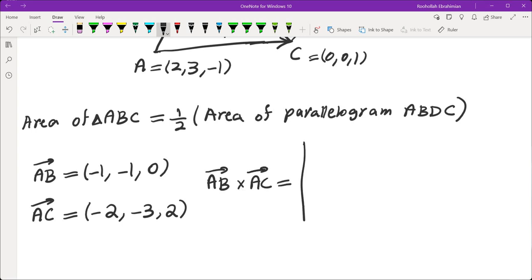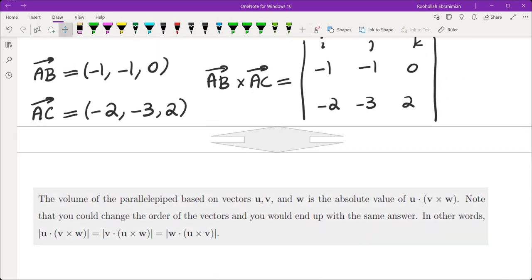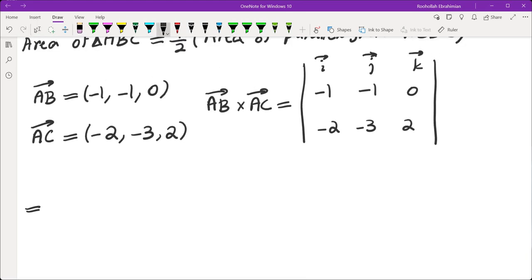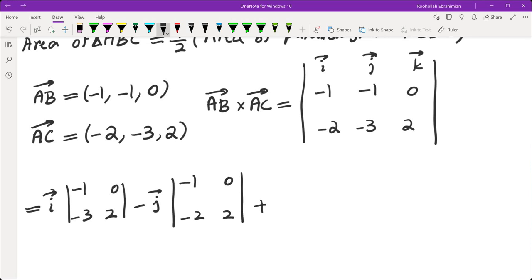Now we're going to find AB cross AC. And that gives us the area after we take its magnitude. So i, j, k, AB is -1, -1, 0, and then AC is -2, -3, 2. Okay, so we're going to evaluate this. i times, so we have a 2 by 2 determinant, -1, 0, -3, 2, minus j times -1, 0, -2, 2, plus k times -1, -1, -2, -3.